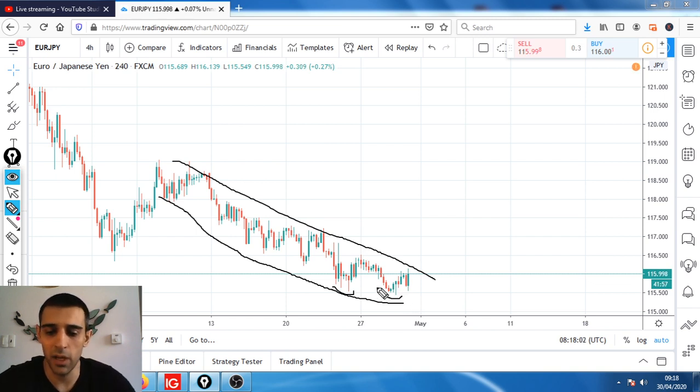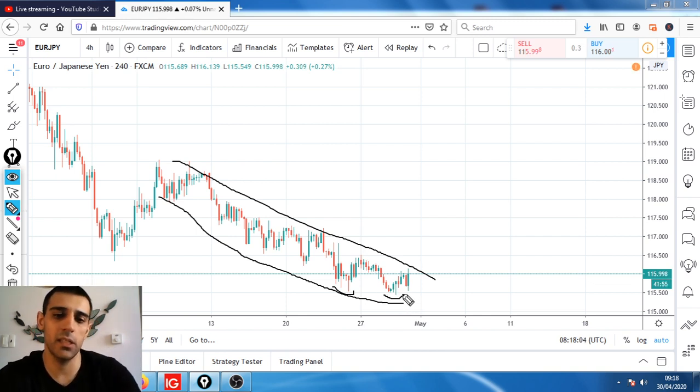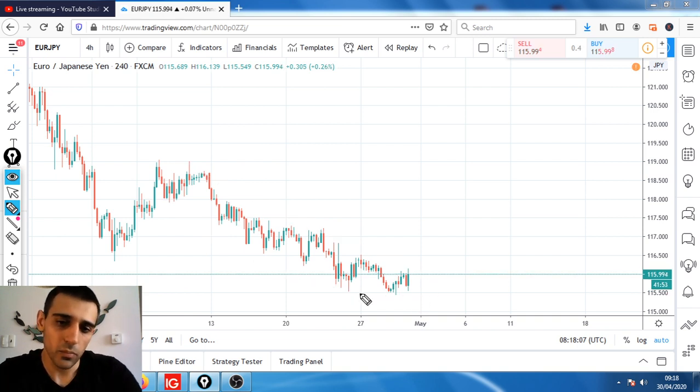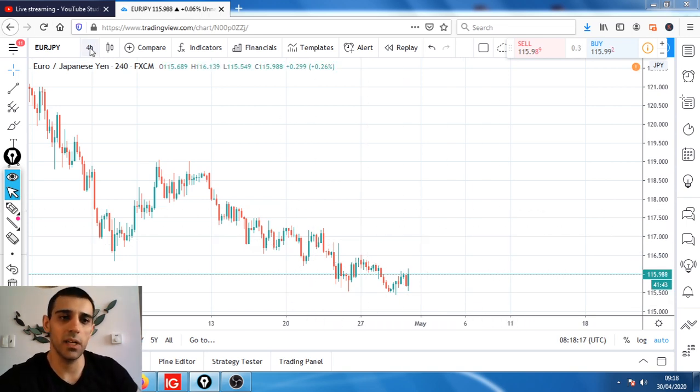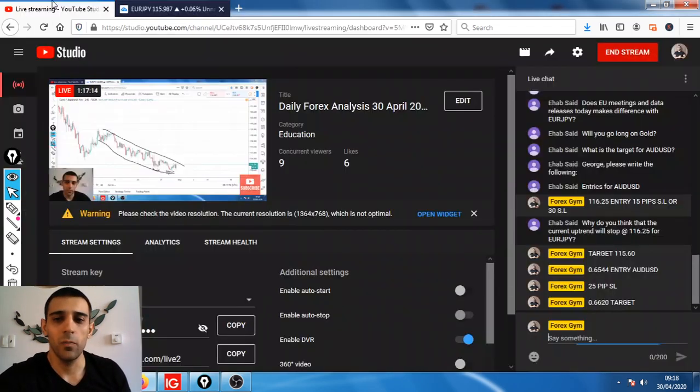It can turn around, but that does not mean it's gonna turn around and continue towards the upside. The trend is still towards the downside. So yeah, I hope that one answered the question.